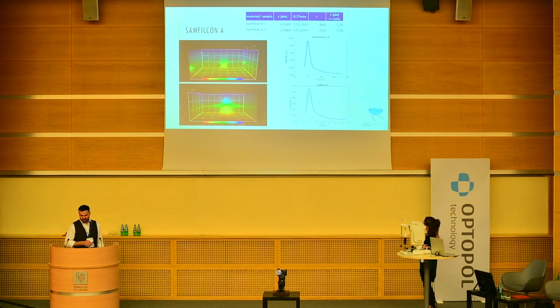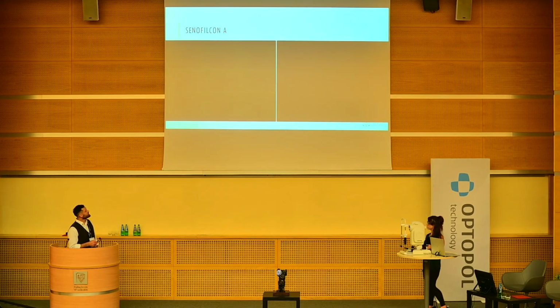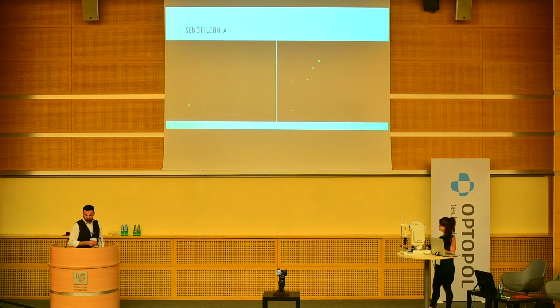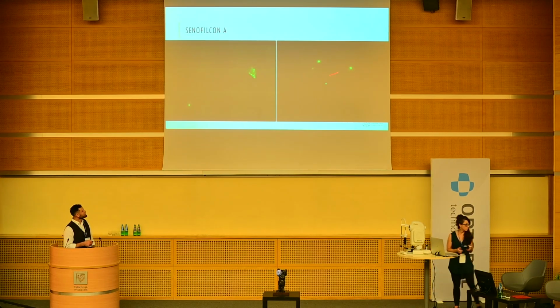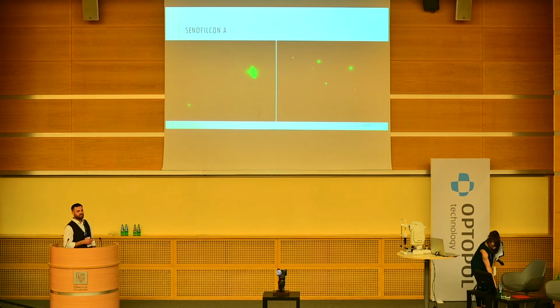So, again, the results from the lens samples. And Silicone A, I think here is one thing that is quite interesting, because at some point you will see the big one here. So even big lipids can attach to the lens surfaces.